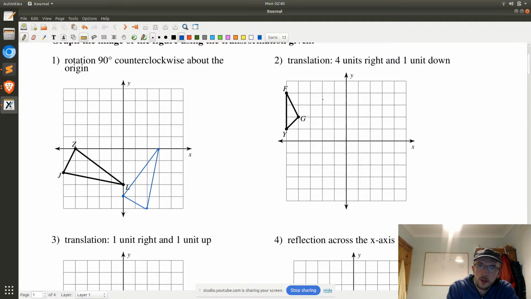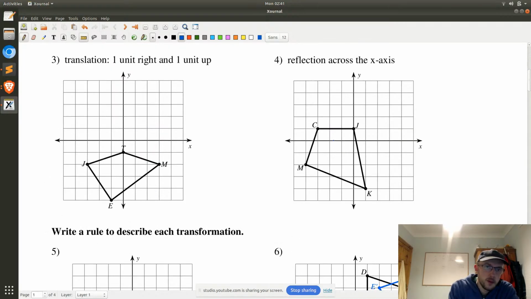Translation, 4 units right and 1 unit down. One unit right and 1 unit up.